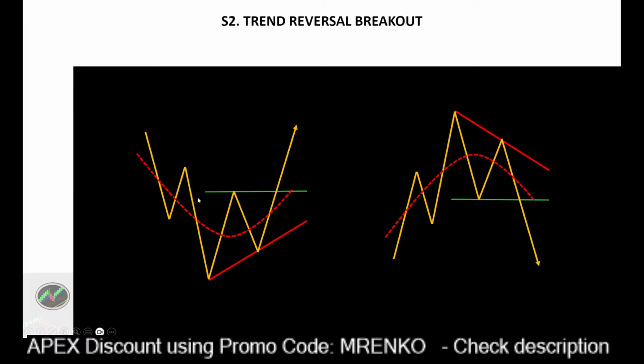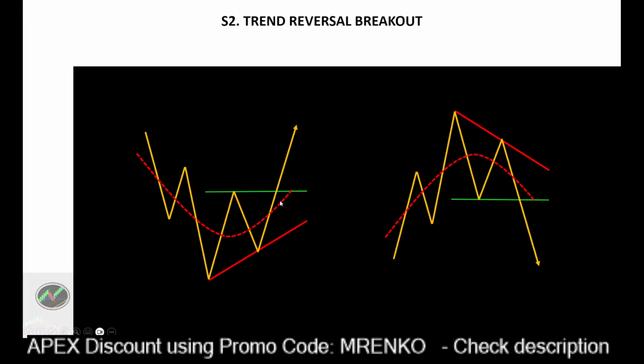A little bit too busy on the chart, but basically this is what we're looking for. So lower highs, lower lows, then a lower high right here, and then a higher low in this area, and then a break off of that one.